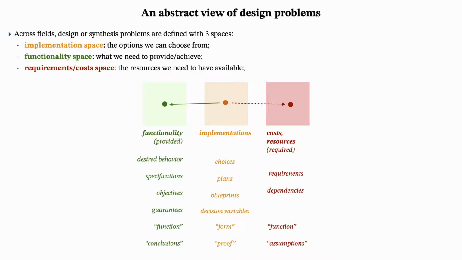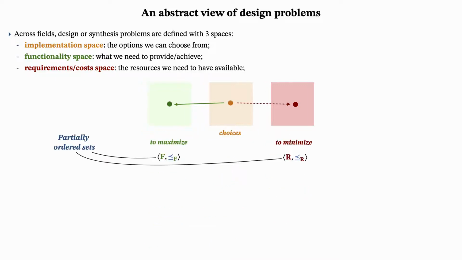First, the implementation space, which represents the design choices, the options we have. Second, the functionality space, which represents our objectives, what we need to achieve. And finally, the requirement space, which describes the resources we need to provide the functionalities. Typically, you can understand functionalities as something you want to maximize, and resources as something you want to minimize.